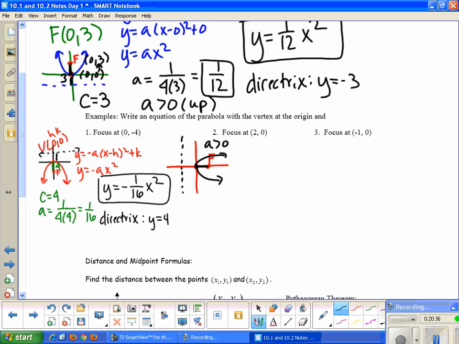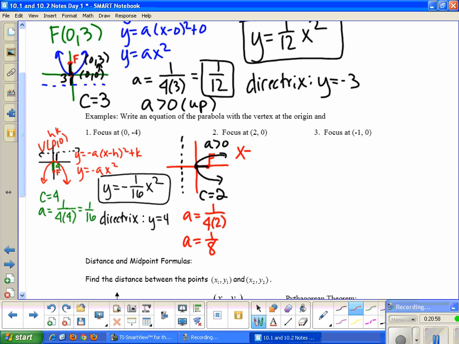So the distance from here to here, we're changing our x value, from (0, 0) to (2, 0), and that means my c value would be equal to a distance of 2. So to find my a value, a is equal to 1 over 4 times 2, so a would be equal to 1/8, and I know it's greater than 0, so it's going to be positive.